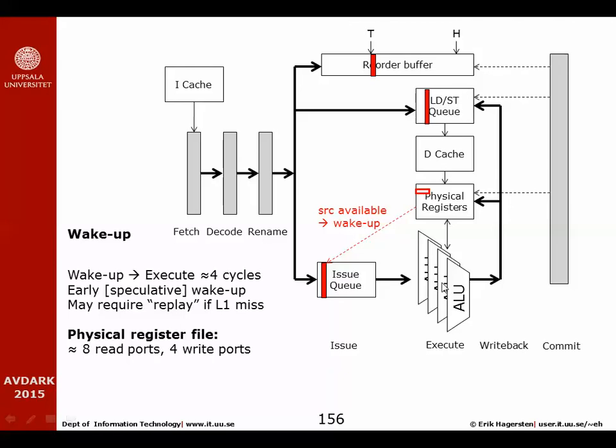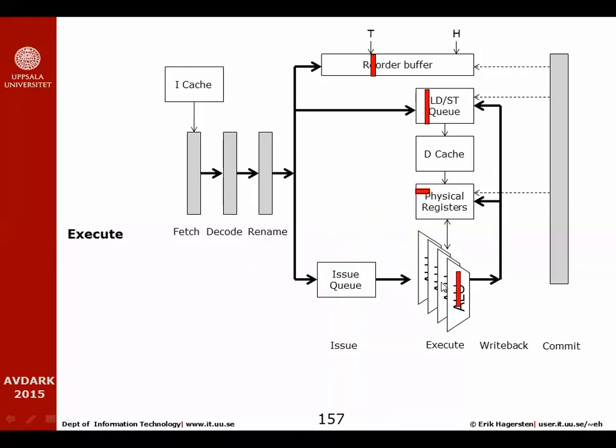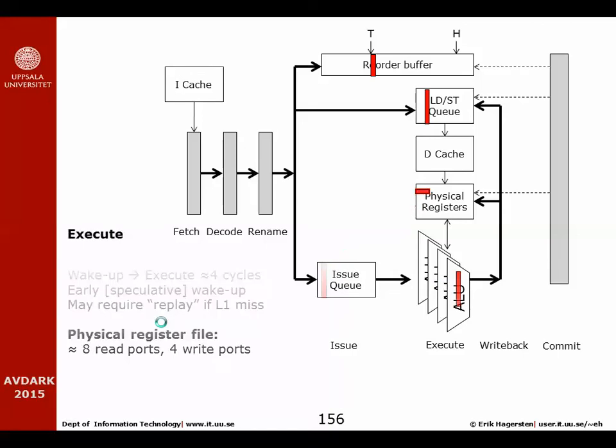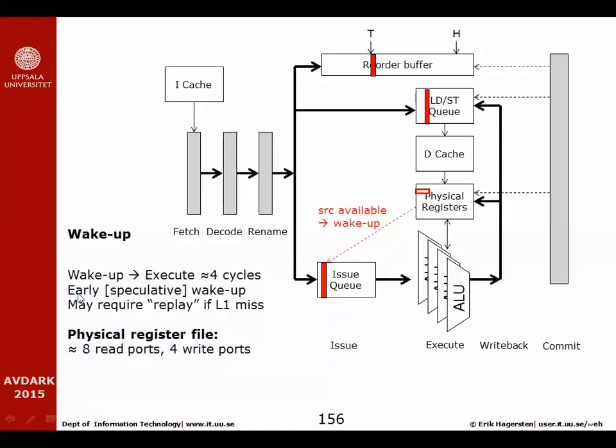Instead, you have some kind of mechanism called a replay mechanism. An instruction that was sent to the ALU for which one of the source values is not available may have to be taken out and put back in the issue queue again and woken up at a later point in time. It's called replay or selective replay, that kind of mechanism.